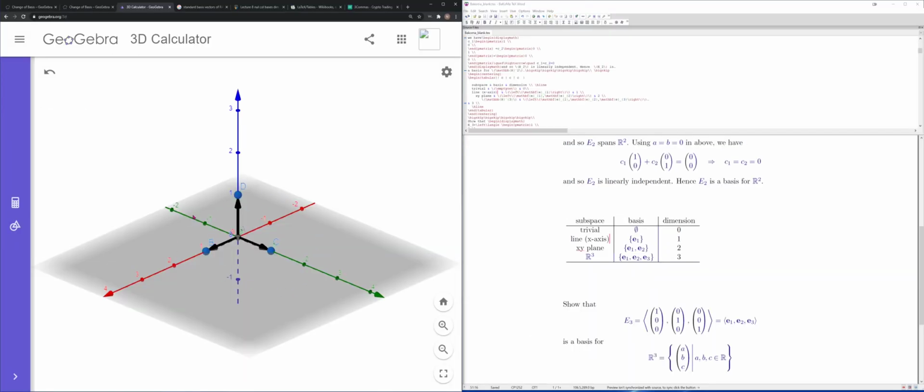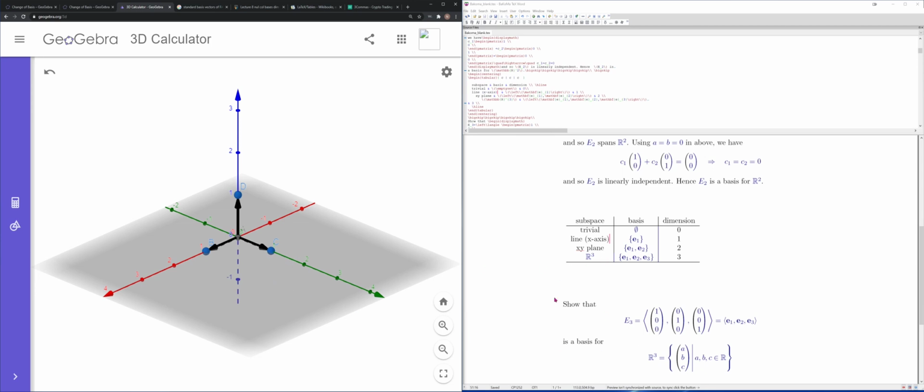Okay, so let's consider this 3-dimensional vector space R3 here. We saw already that E1, E2, and E3 are the standard basis vectors, where E1 is just 1, 0, 0, E2 is 0, 1, 0, and E3 is 0, 0, 1. This would form a basis for R3.